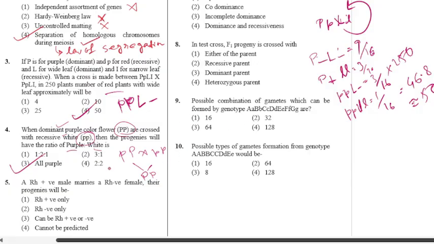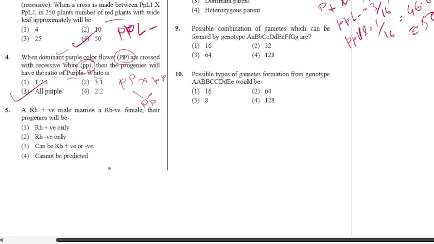Cool. Next question. Rh positive marriage with Rh negative. Their progenies will be? So Rh positive could be homozygous Rh positive, or it also could be heterozygous, Rh positive Rh negative.